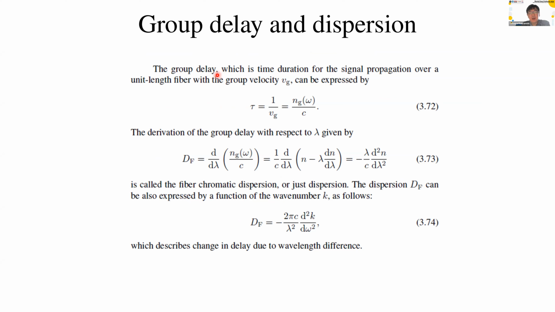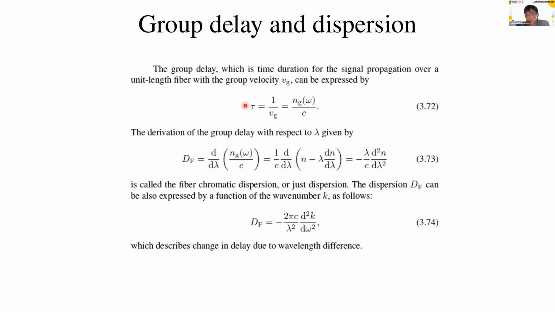And by using the group delay, we can define the time duration for the signal propagation over some unit length of fiber, just by using a simple equation. And then finally, we can take the derivative of this one again. I will skip the detailed explanation, but I would like to focus on just this part.